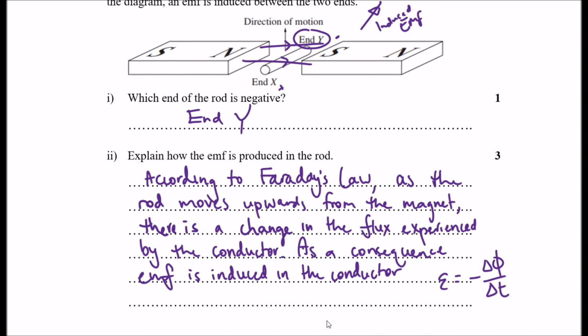So as we said, the question is essentially asking us to explain how the EMF was produced in the rod. We refer back to Faraday's law, that it's because of this rod moving upwards from the magnet that causes a change in flux for this rod, and as a consequence EMF is therefore induced. Okay, and what we could also say is the magnitude of the EMF induced would relate back to our equation here.